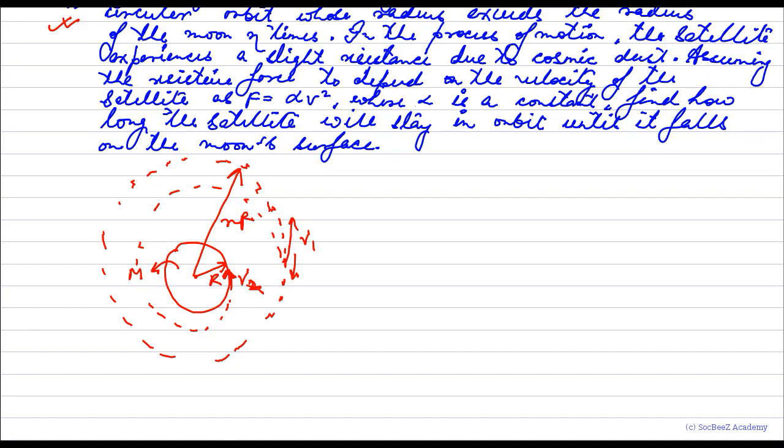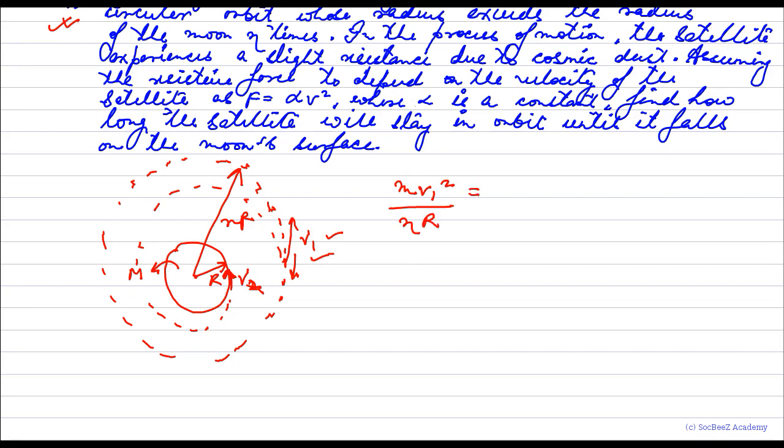Now let us find out the velocity v1 in terms of η and M. At this particular instance, the centripetal force which this satellite requires is mv1² upon ηR.